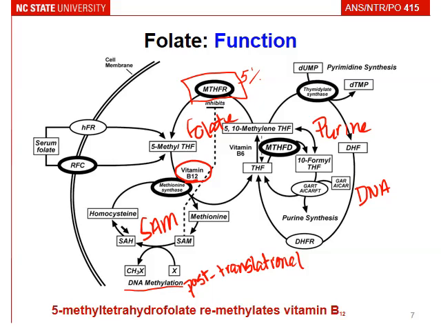Basically, this requires a higher amount of folate in the diet so we can overcome the low affinity of the MTHFR. If this isn't working adequately, we're not going to be able to regenerate our folate, and therefore we end up dramatically affecting our DNA methylation, our post-translational DNA methylation, and that's really what's causing the neural tube defects.